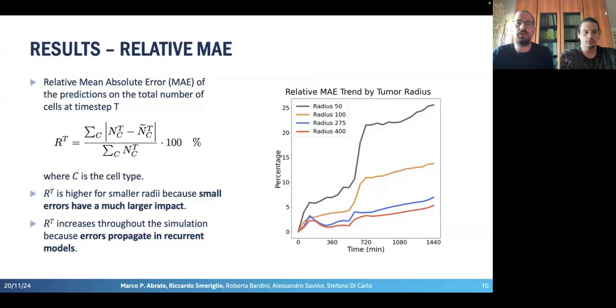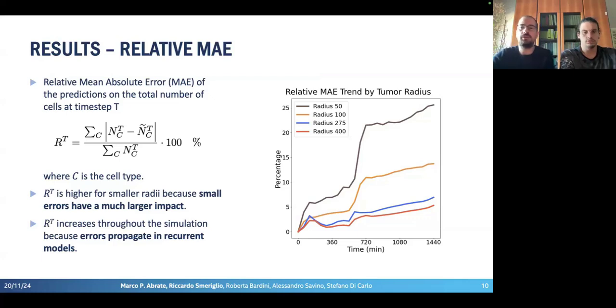Finally, in terms of relative error, you can see here the relative absolute error between the prediction and the ground truth. On the right, you have a figure of the error based on the tumor radius. What you can observe is that for smaller radii, for example radius 50, the relative error is high.